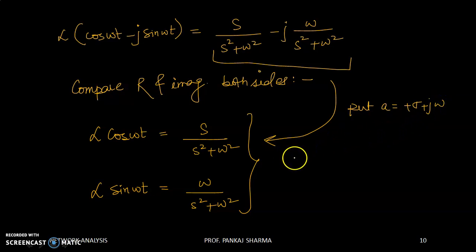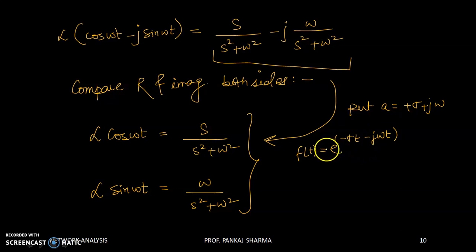So equation number 1 will become f of t is equal to e raised to power minus sigma t minus j omega t.